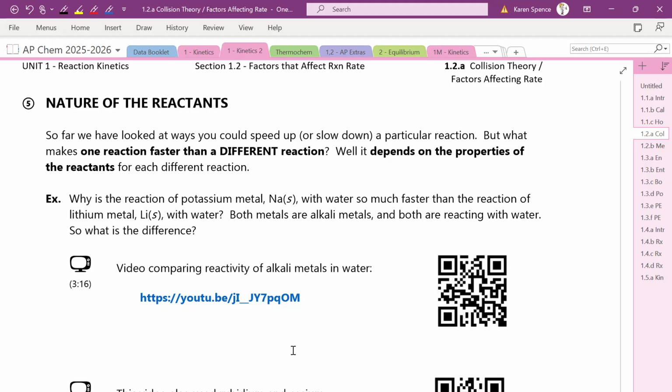Zeros at the end. So if you have zeros exactly in the number anywhere, it means significant.